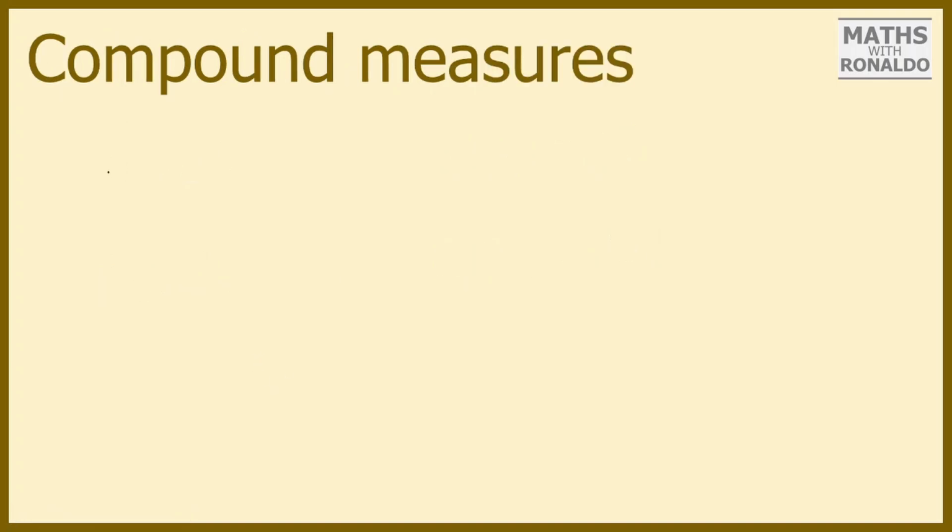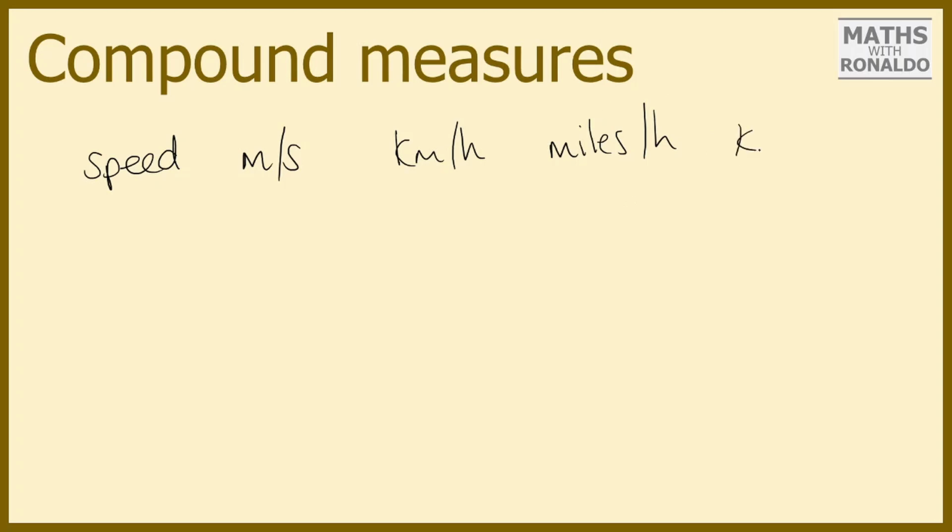With compound measures, this means stuff like speed. Speed can be measured in meters per second, kilometers per hour, miles per hour. It can be measured in kilometers per second even. It can be measured in centimeters per hour if we're talking about something that's really slow. And then we have stuff like density.